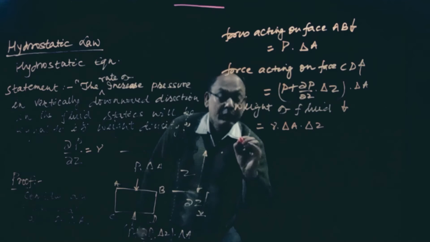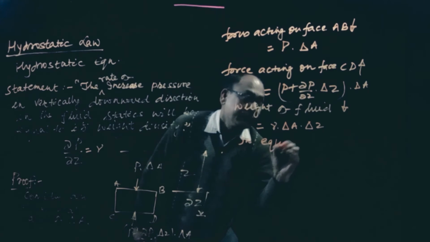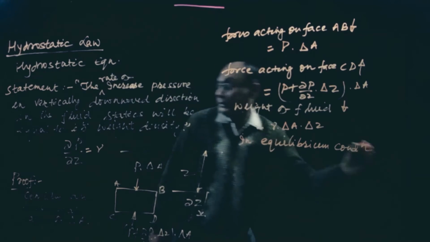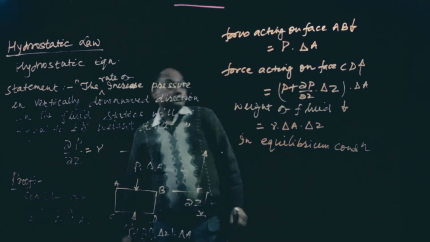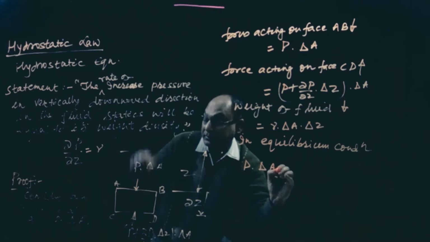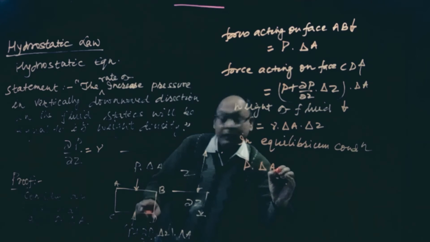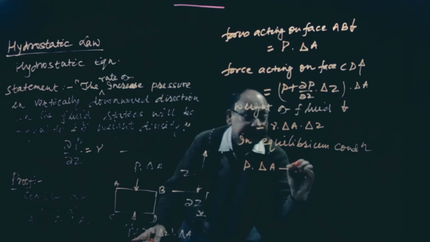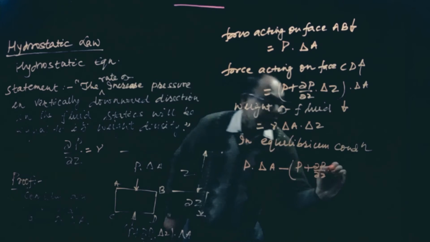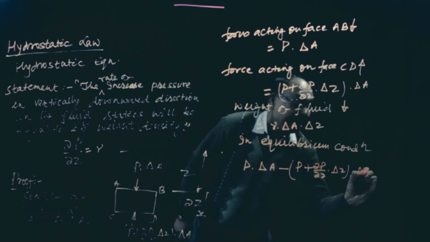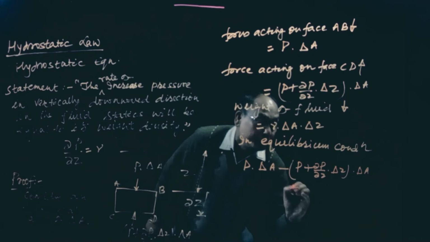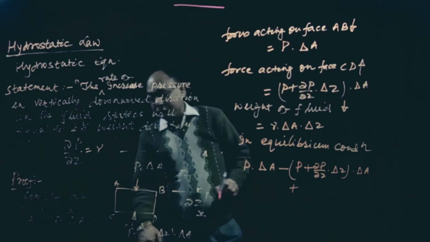Now in the equilibrium condition, P into delta A downward, and upward the opposite, that is P plus del P by del Z into delta Z into delta A. Plus the weight of the fluid going down due to gravity.